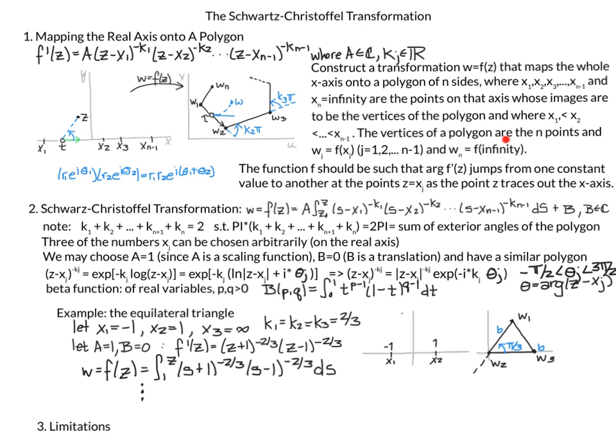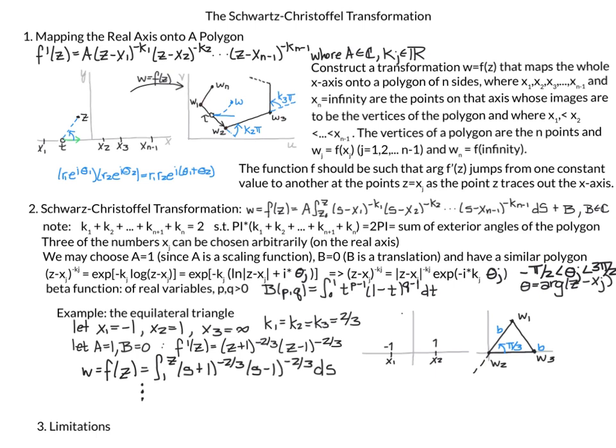The vertices of the polygon are then the endpoints w sub j, as we just discussed, and w infinity at infinity. To approach this problem, we look at how the function f should change as we hit each vertex. In other words, the function f should be such that the argument of f prime of z, the argument being the angle, jumps from one constant value to another at the points x sub 1, x sub 2, that correspond to the vertices.